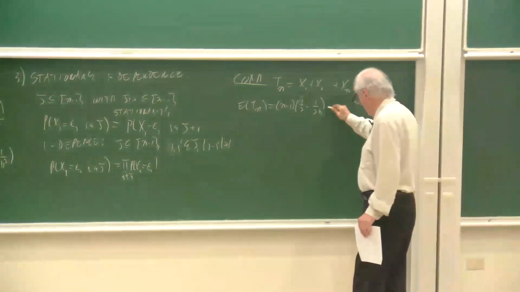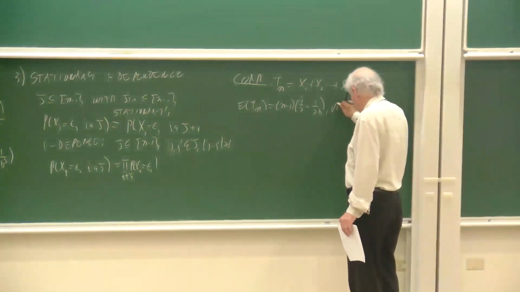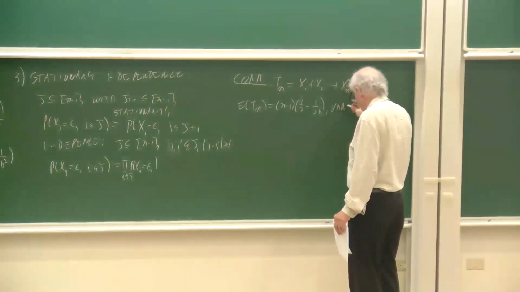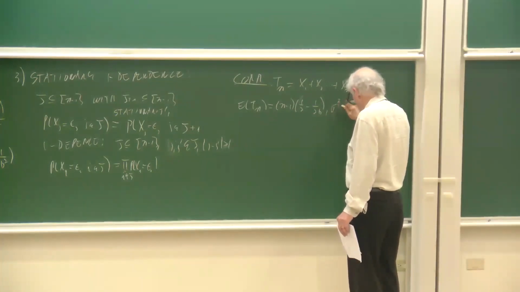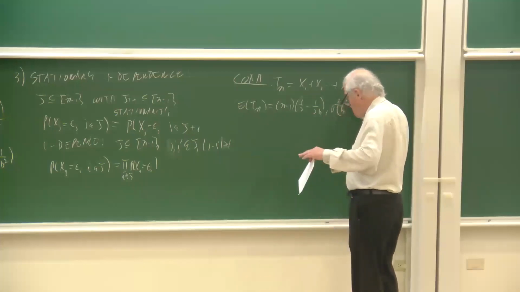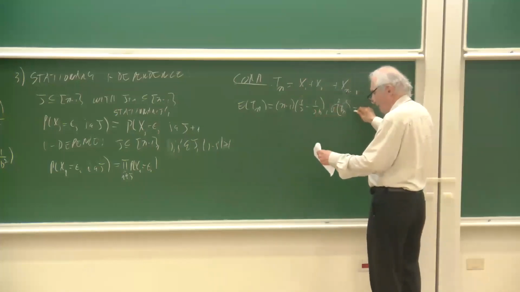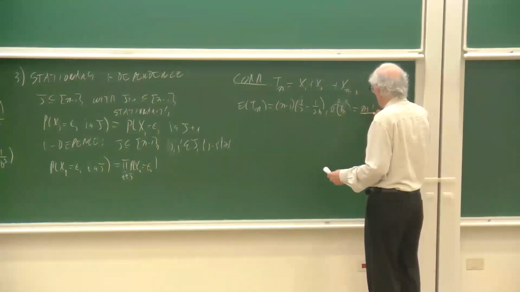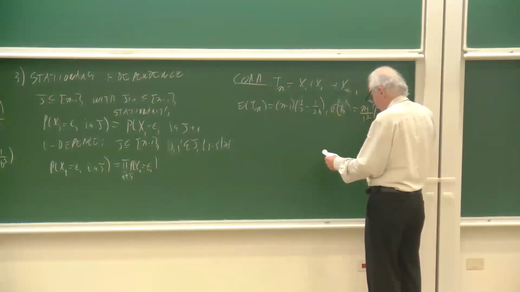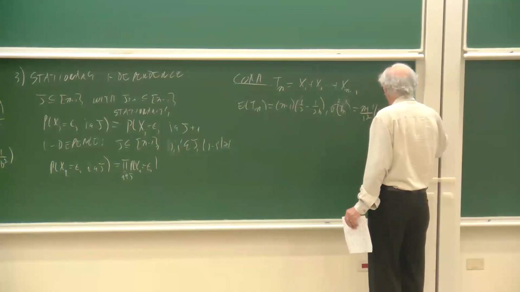And the variance, let's call it sigma squared of Tn, how it wiggles about its mean, and let me get the constants right. It's n plus 1 over 12 times 1 minus 1 over b squared.